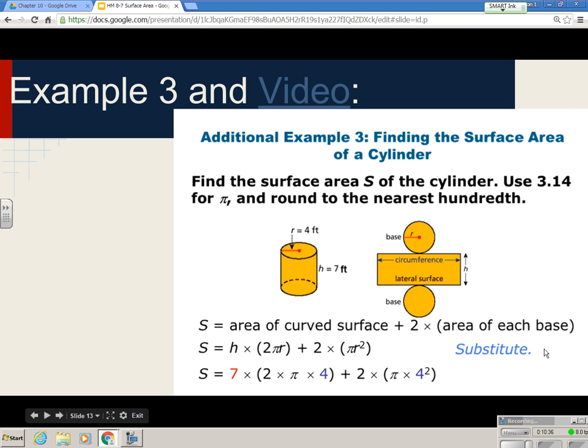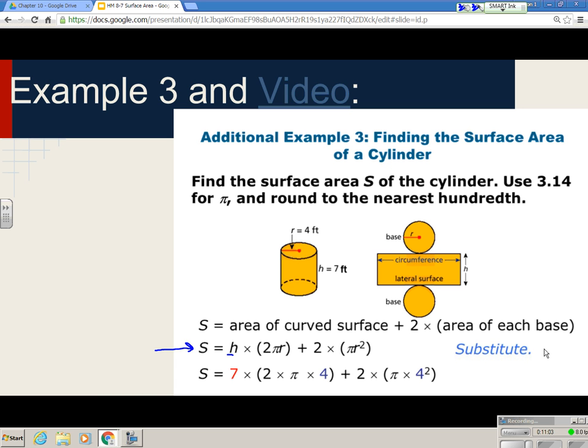All right, so if we have a shape like this, and we've got to find the surface area, the formula for surface area for a cylinder is basically the area of the curved surface, so the flat area, times the two bases. What we're doing is we're trying to find the circumference of a long round piece times the height, plus the two bases.